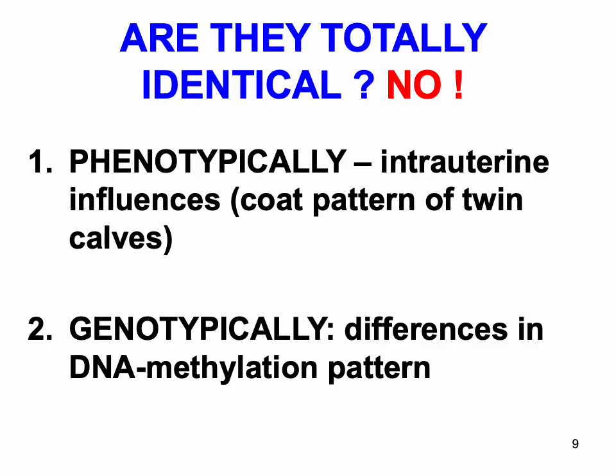But returning to our original questions: the calves in the picture are totally identical, so the twins are totally identical? No, they have phenotypical differences in the coat patterns, because in the intrauterine life they receive different influences.